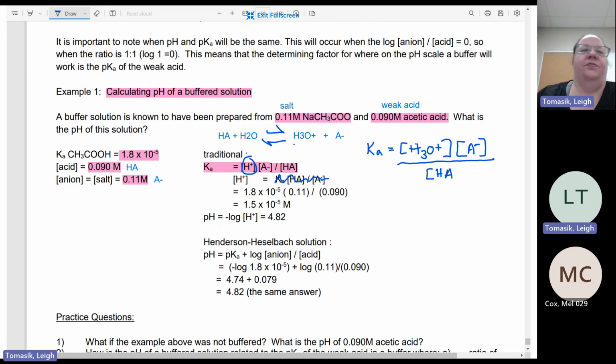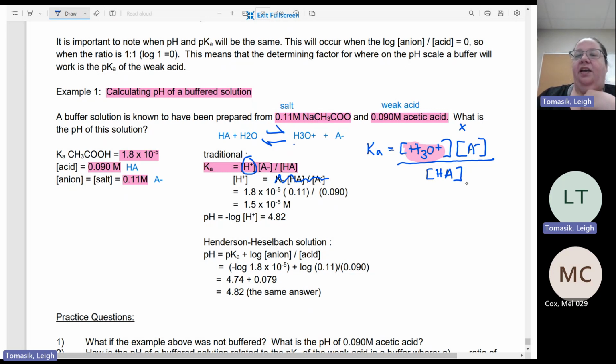Okay, we want to isolate H3O plus, right? We want to isolate this guy. So we need to move the two things that are on the same side of the equation as H3O plus. This one is multiplied, and we need to move it to the other side.